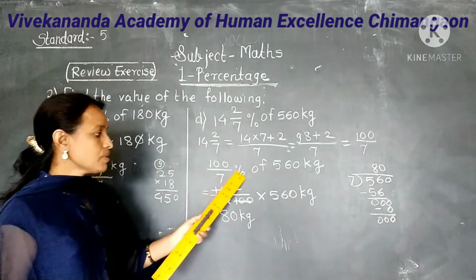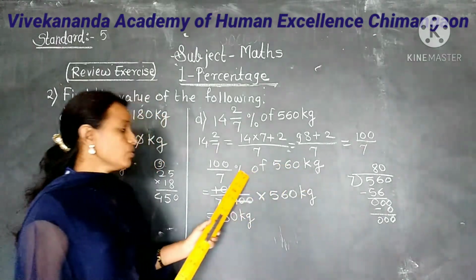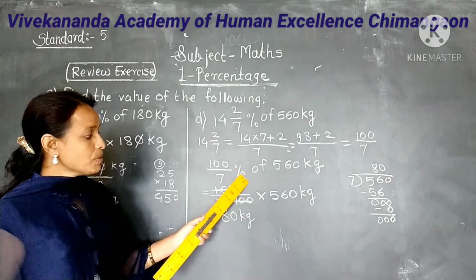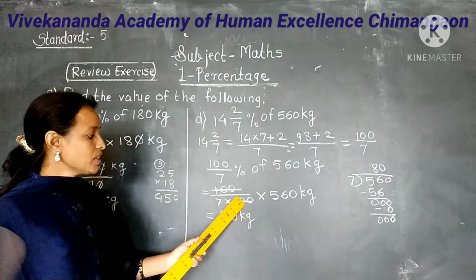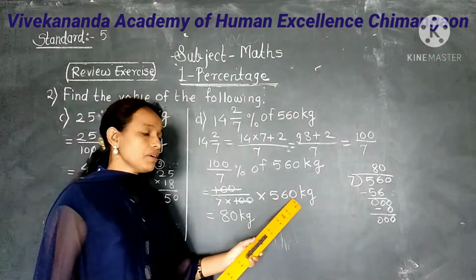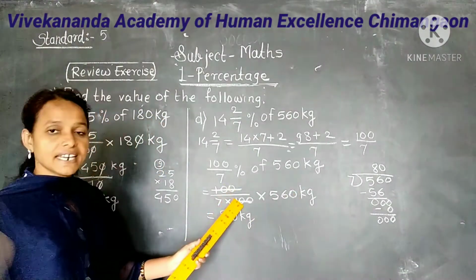So 100 upon 7% of 560 kg. Now percentage we have to convert into fraction. So we remove percent sign and divide 100 upon 7 by 100. So we get here 100 upon 7 into 100, and multiply by 560 kilogram. So here 100 gets cancelled.